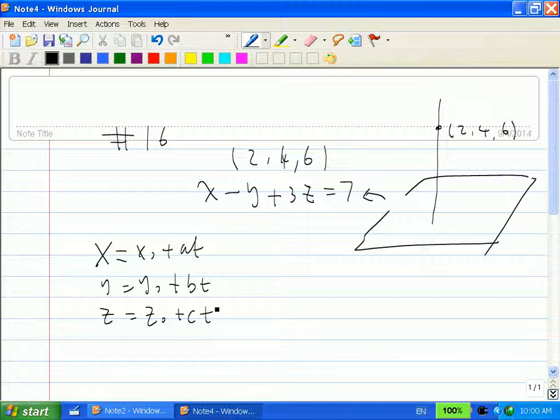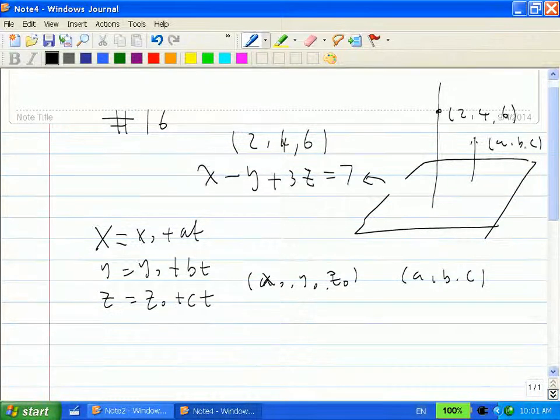Here x naught, y naught, z naught is any point on the line, and a, b, c is a vector that your line is parallel to. As long as you can find those two things, you put them in, and then you're done.